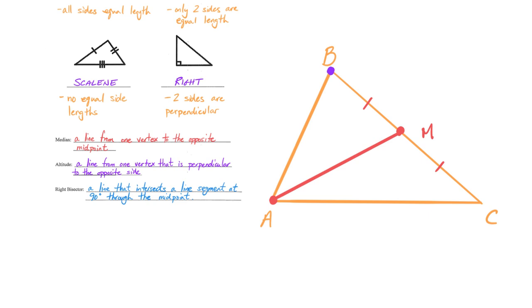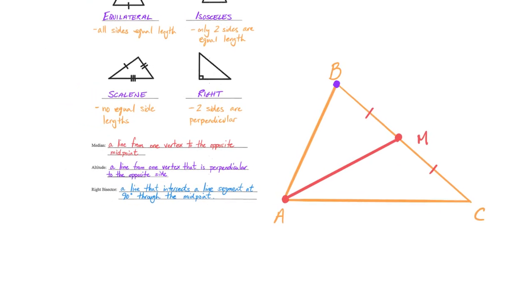So really quickly, if I went and did this, I hope we're good that that is not an altitude, because this angle down here is not 90 degrees. So if I get rid of what I just drew, and I make sure that when I drop down that line, I'm going to hit that opposite side at a right angle.